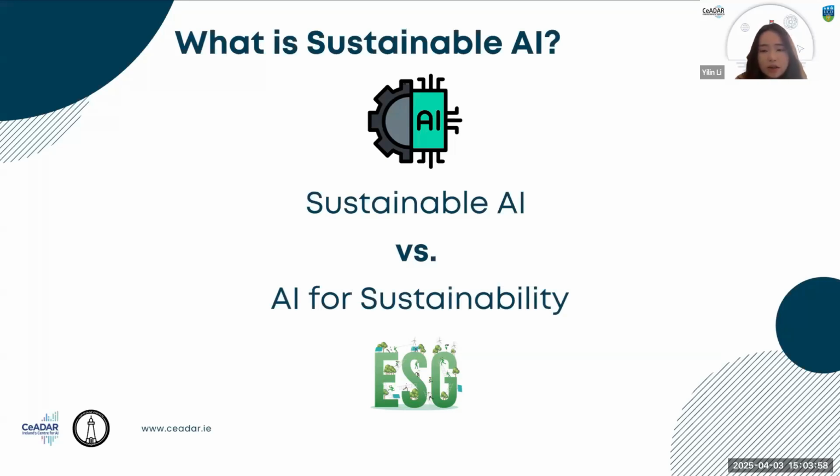On the other hand, AI for sustainability means using AI as a tool to solve sustainability problems in different industries. In this lecture, we will focus on sustainable AI, reducing the environmental impact of AI models.